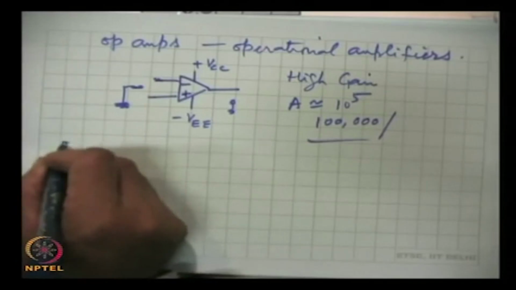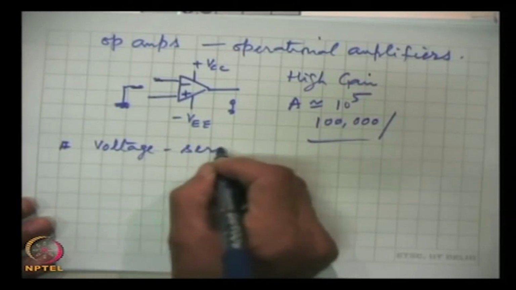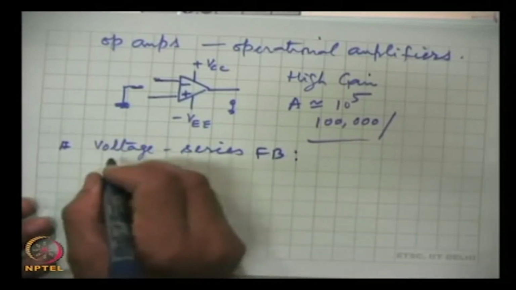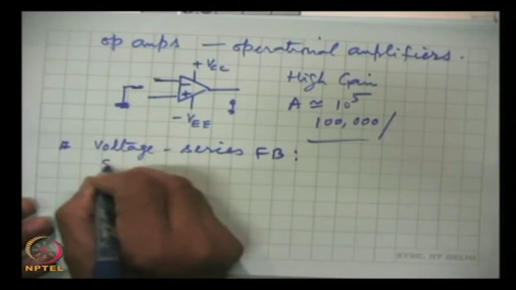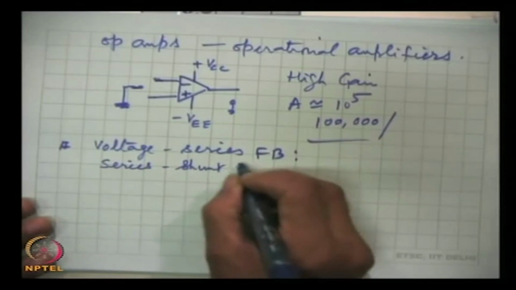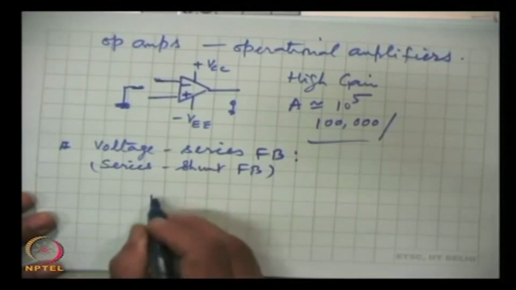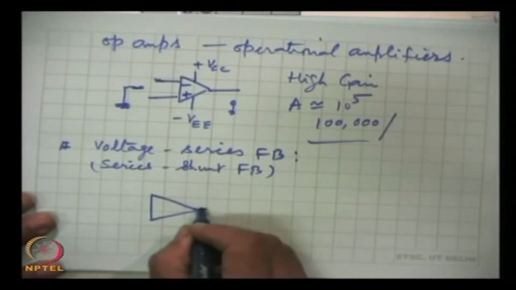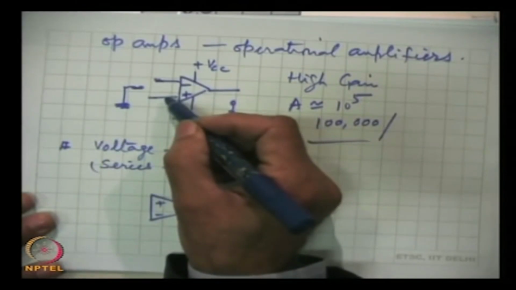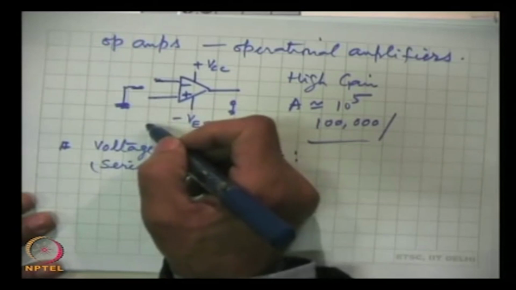The one is voltage series feedback, which is also called series shunt feedback. And the circuit is this. Out of these two input terminals, if we want to use one, the other is grounded.